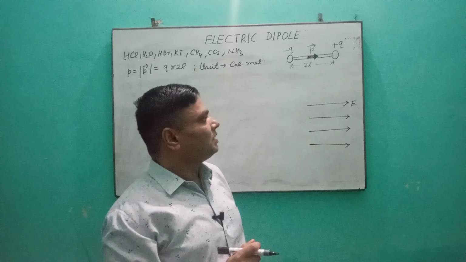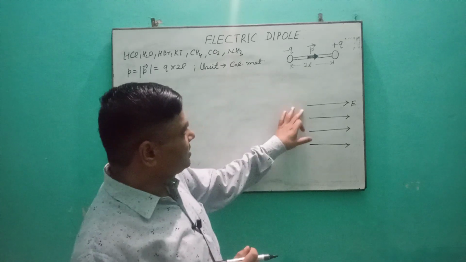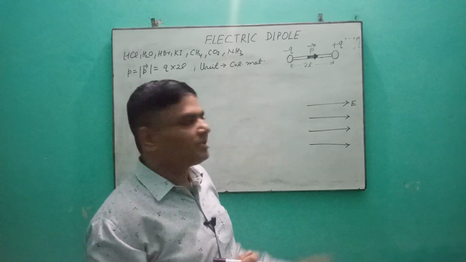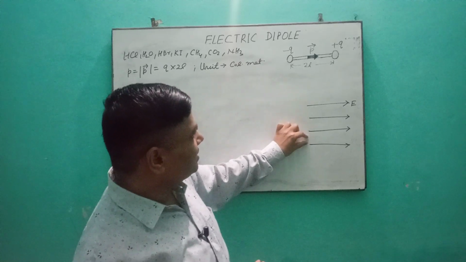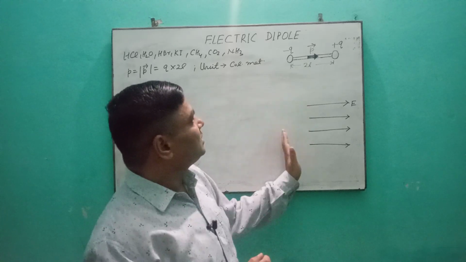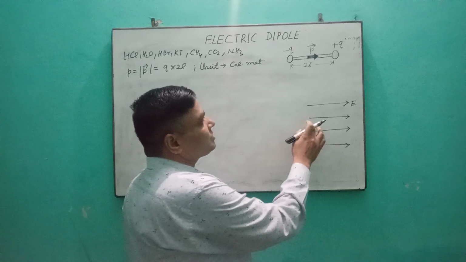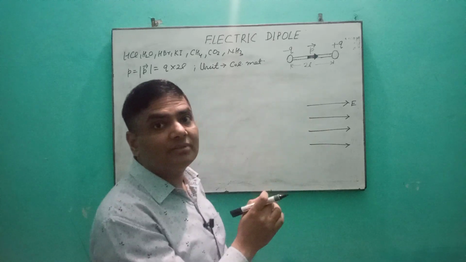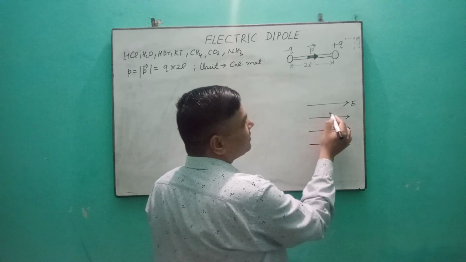Then this electric field is known as uniform electric field. If these lines of force are not uniformly spaced, that is the interval between this line and this line are not equal or constant, then this field is known as non-uniform electric field. So in our case this is a uniform electric field.